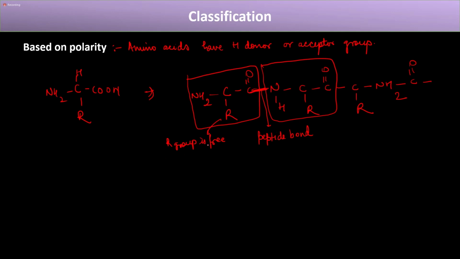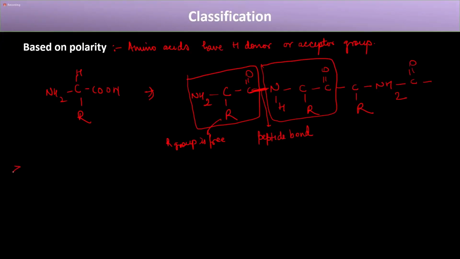So we can write that the R group decides the polarity of amino acids, because the R group is free and will form bonds with the solution in which it is present.